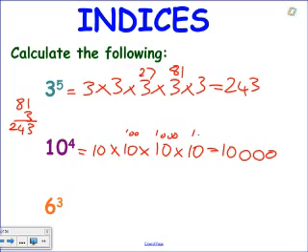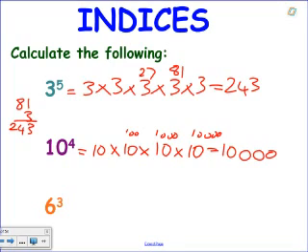And 1,000 times 10 is 10,000. Okay? So, when you get tens with a power, to know how many zeros they've got, the index tells you how many zeros. So 10 to the 4 says it's a 1 with 4 zeros. 10 to the 8 would be a 1 with 8 zeros.